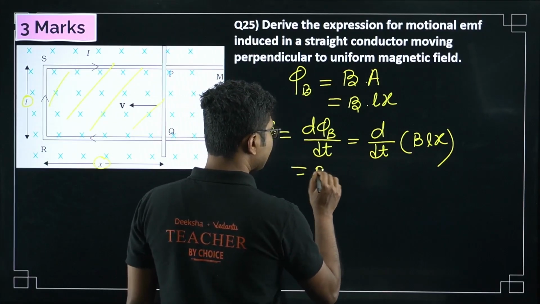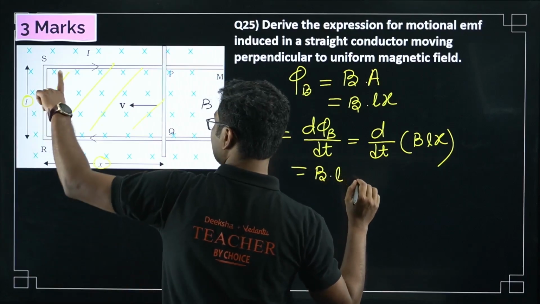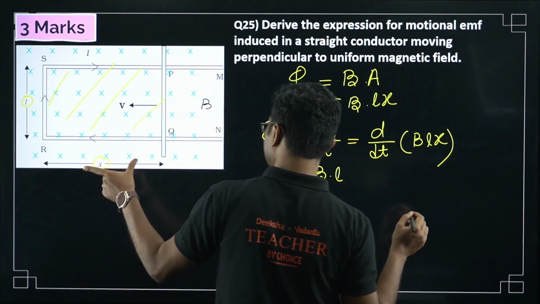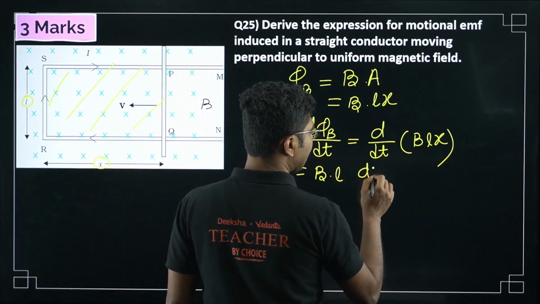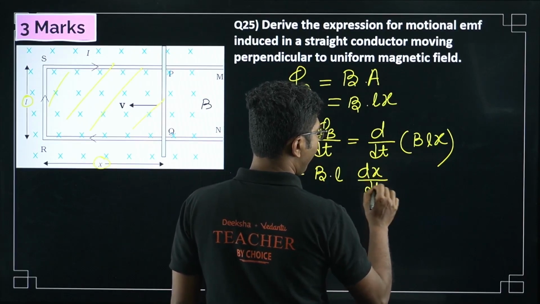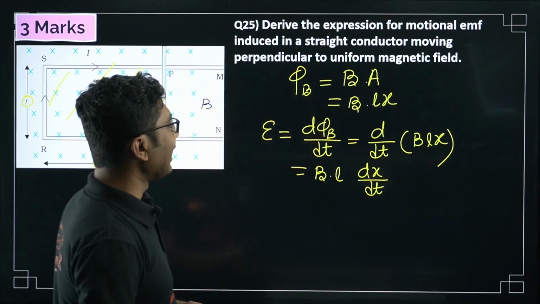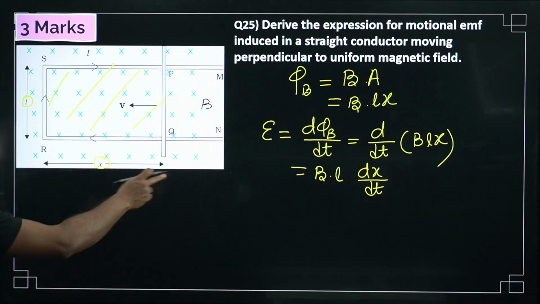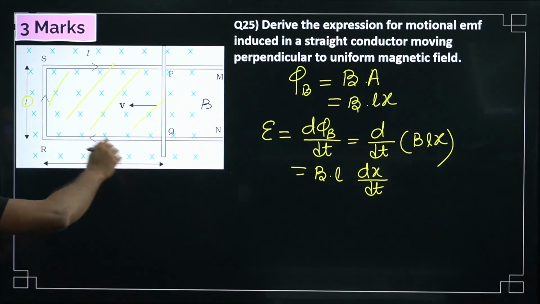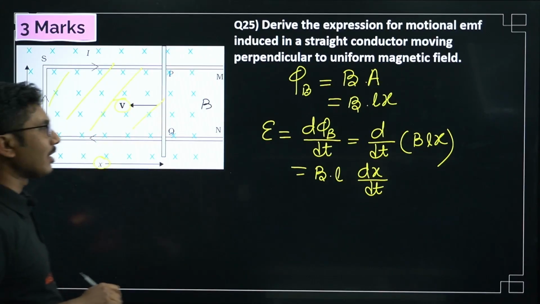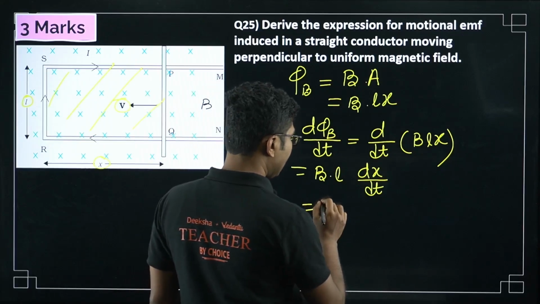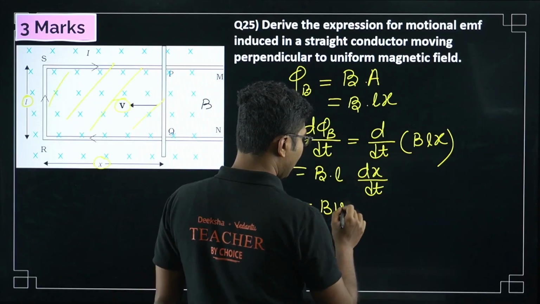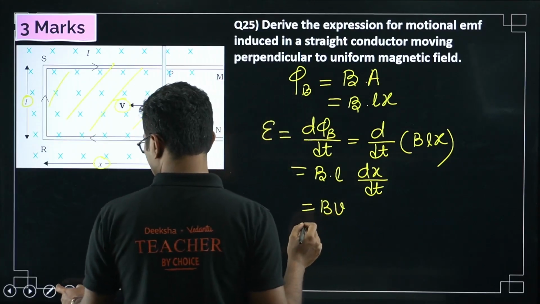Now B is constant, L is constant, L is not changing. The only thing that is changing is x, so it will be dx by dt. What is dx by dt? It is the rate of change of distance, which is nothing but velocity. So it will be BLv or BvL.